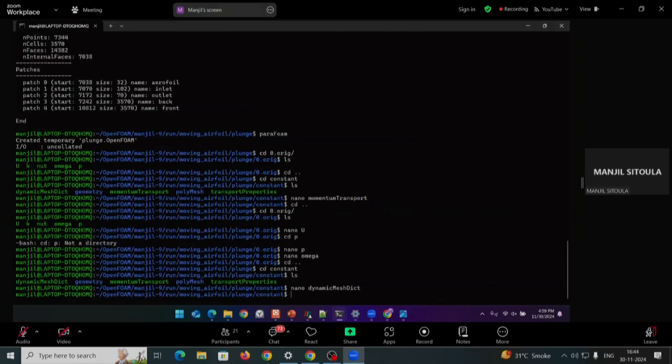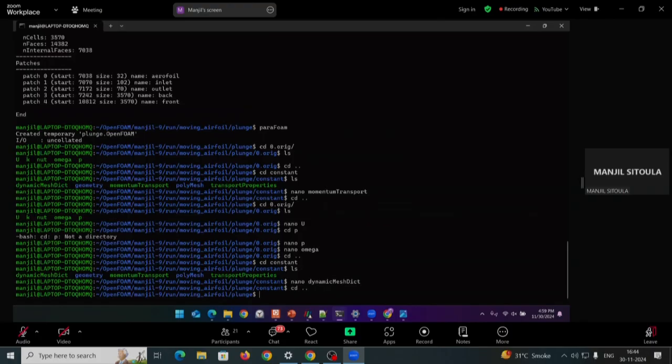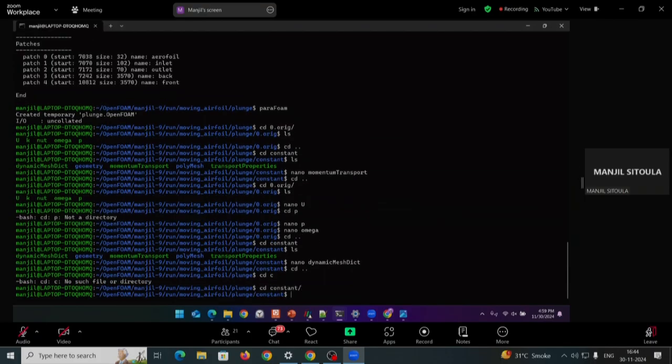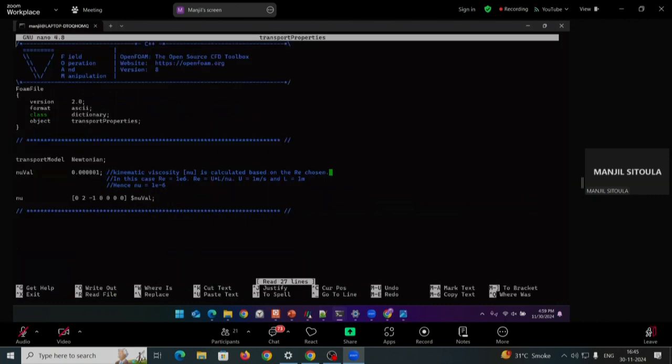After this, I want to show you. Okay, now let's check our transport properties that we have used, since we are simulating the Re equals 1e6 case, that is, Reynolds number equals 1e6.